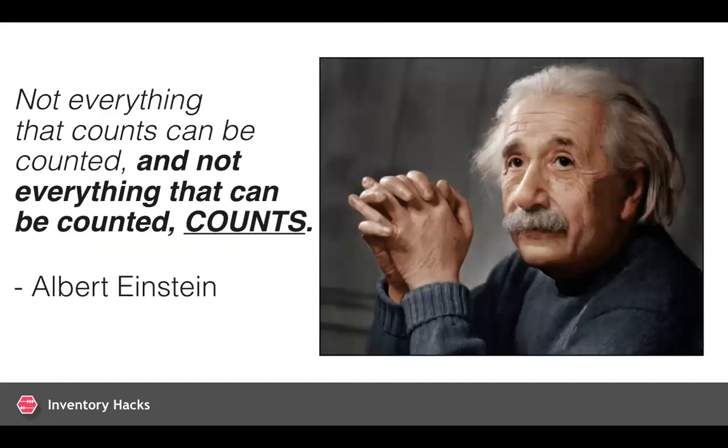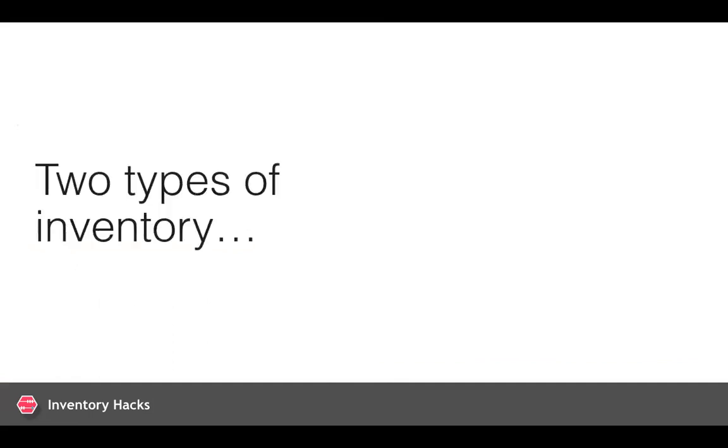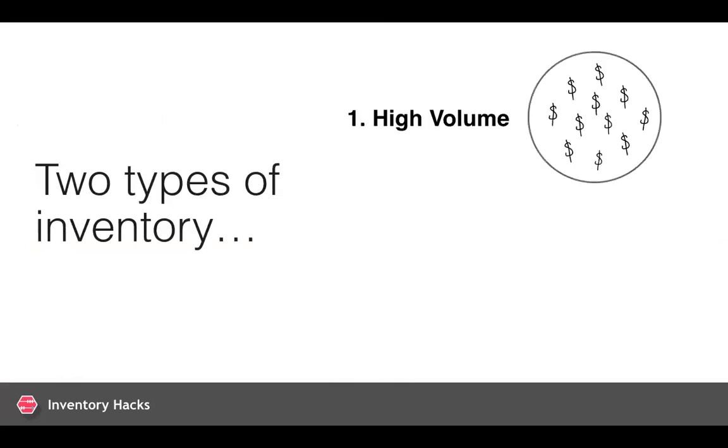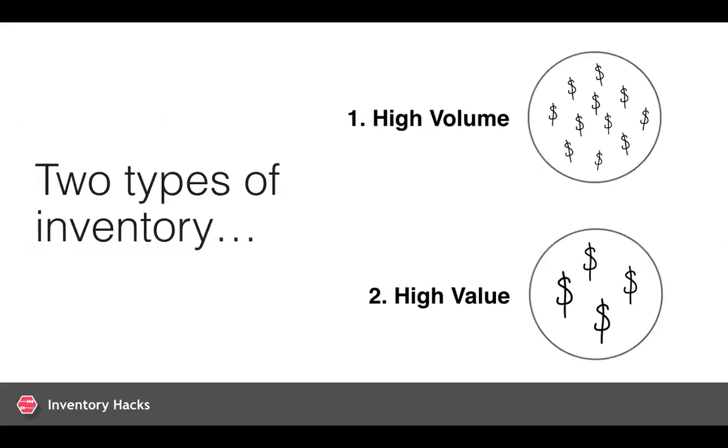Are you guys seeing where I'm going? They were counting their products every single day, but they were not counting every single product every day. And he said, we only count the products that count for the highest volume and the highest value. I remember sitting there listening, so interested, and I asked him, how so?